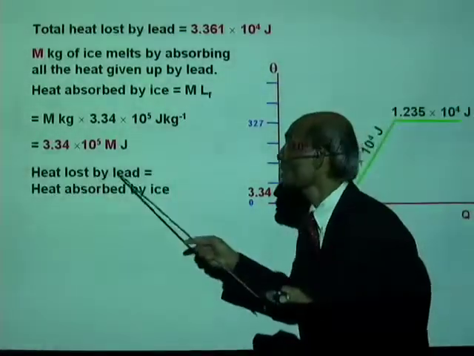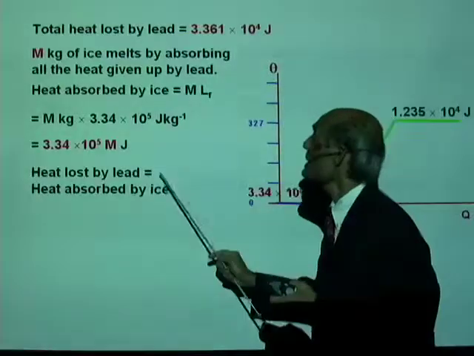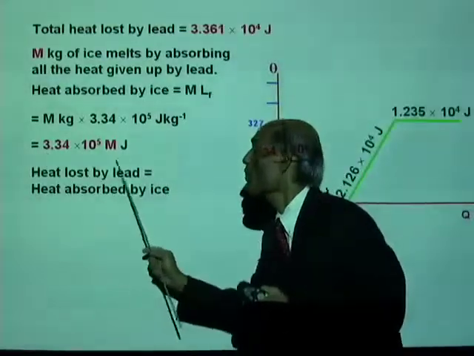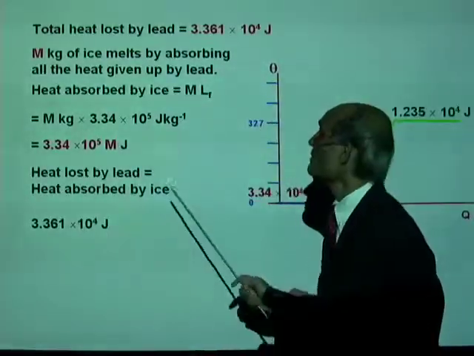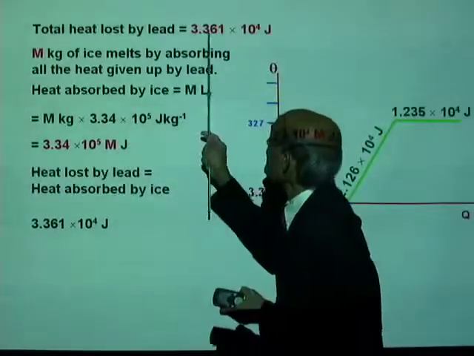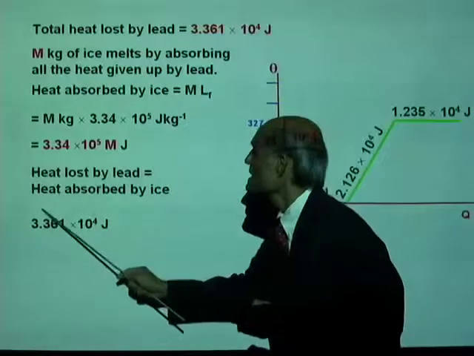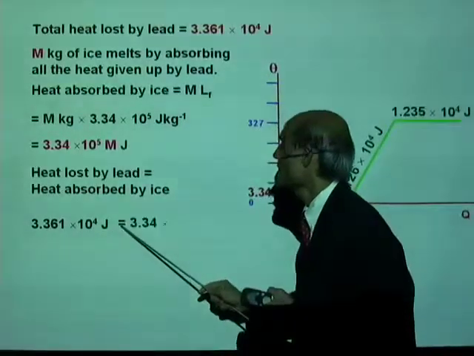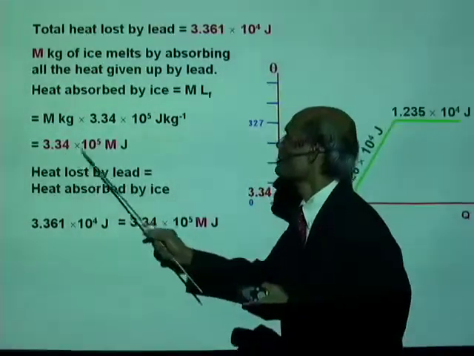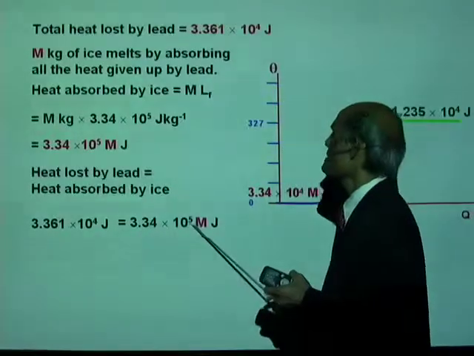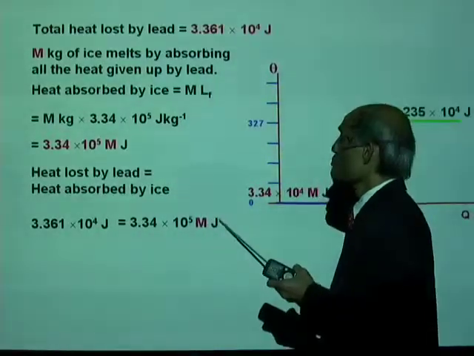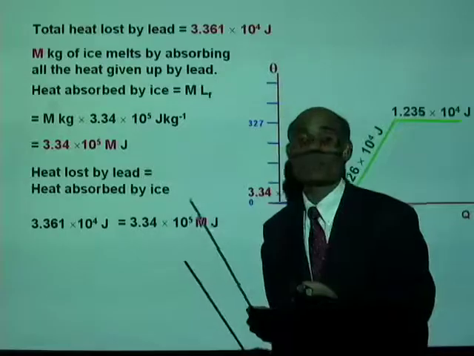Now, heat lost by lead equal to heat absorbed by ice. Therefore, 3.361 times 10 to the 4 joules is the heat lost by lead, and that's equal to 3.34 times 10 to the 5 m joules that is absorbed by ice.